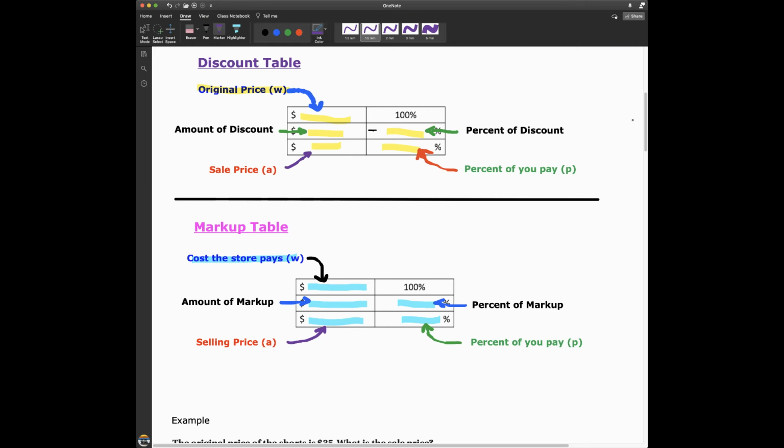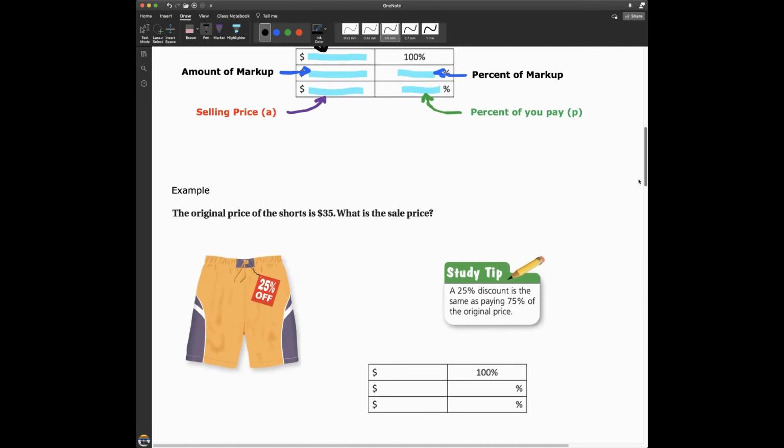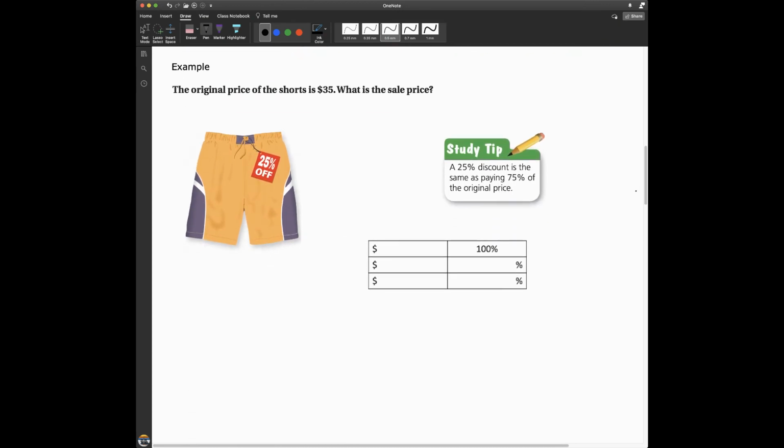All right, so we're back. Best way to do this is to work through some problems. So let's look at this one. The original price of the shorts, original price, that's important, $35. We want to know what's the sale price.